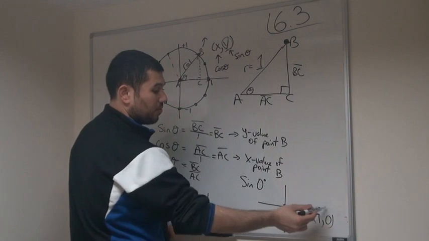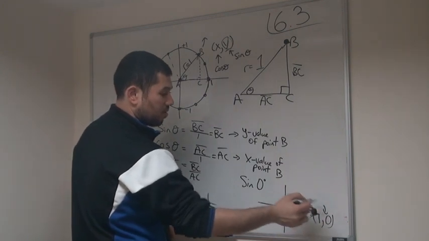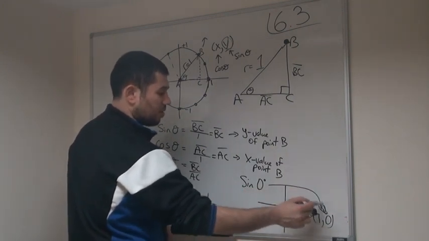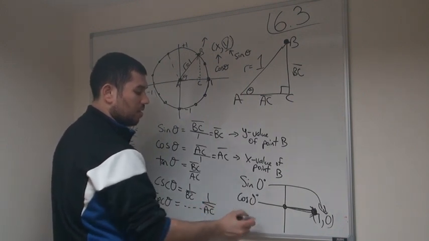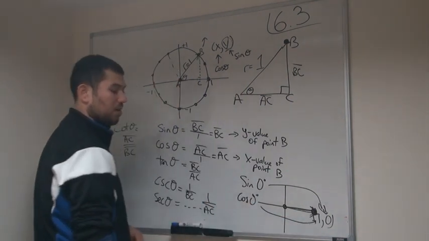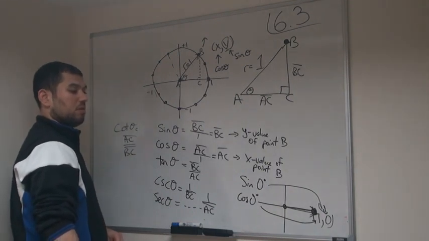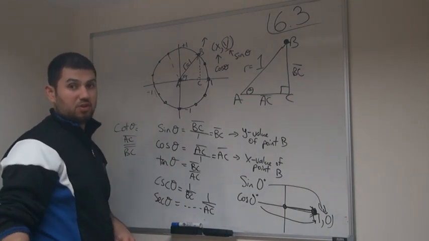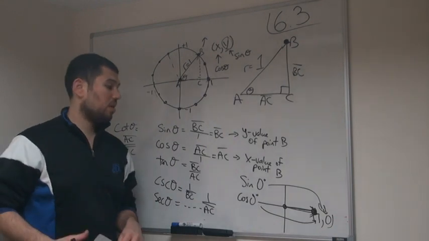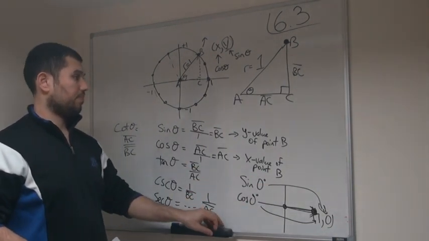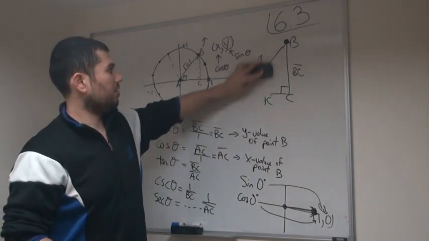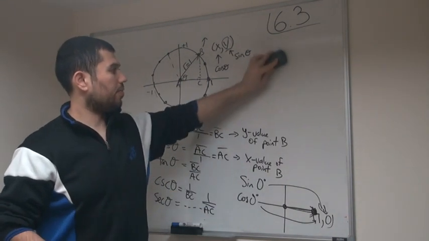So the y value of the terminal point is 0. So the sine of 0 is 0. The cosine of 0 would be the x value of the point, 1. And you can verify this on your graphing calculator. If you're in degree mode, what is the sine of 0? 0. What is the cosine of 0? 1. And let me give you another couple of examples.